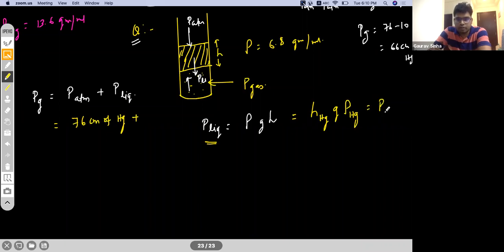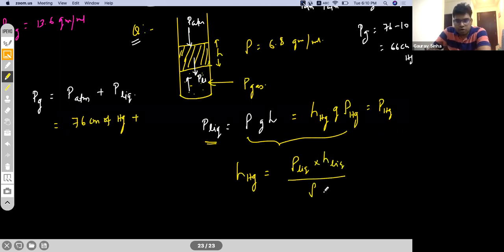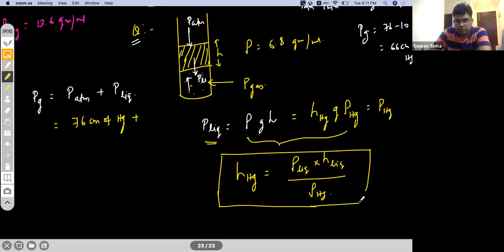With these two relations, we'll find out what height of the mercury column is required so that it exerts the same pressure as this liquid column. So that would be rho of liquid times the height of liquid divided by rho of Hg. This is the formula we use to find the height of the mercury column which exerts the same pressure as height h of this liquid.